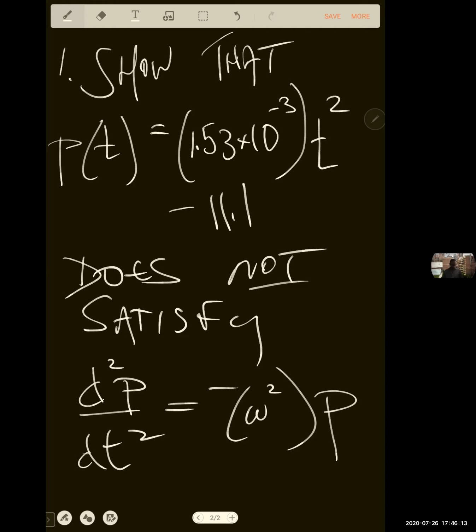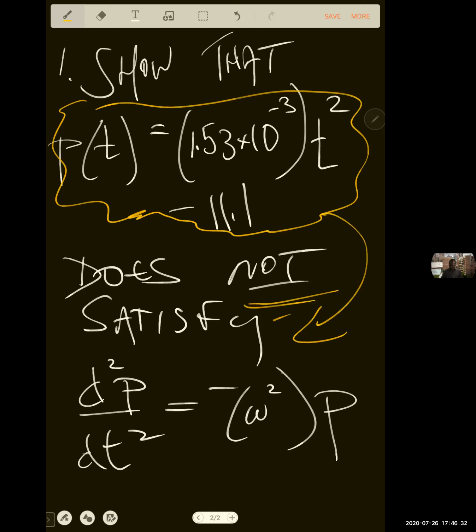That equation must be true if the variable p is something that is oscillating harmonically. And I want to show that this function does not satisfy this equation. So that's what I'm going to do right now. What does it mean to do that? How do you check? It means to take two derivatives of p with respect to time and see what happens.